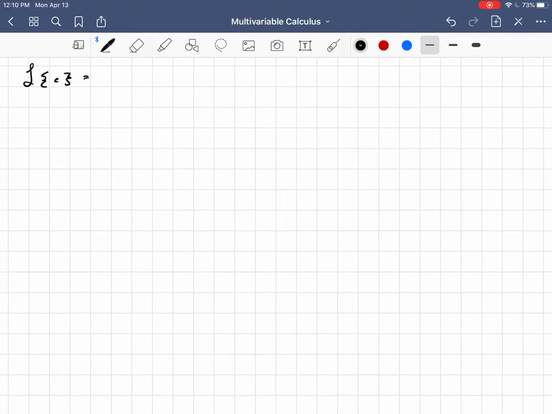So now let's do some basic Laplace transforms. Let's do the Laplace transform of a constant, c. That's c times the Laplace transform of 1, which is just c times the integral from 0 to infinity of e to the negative st dt, because our f of t is just 1, which we evaluate, we get negative c over s times e to the negative st evaluated from 0 to infinity.